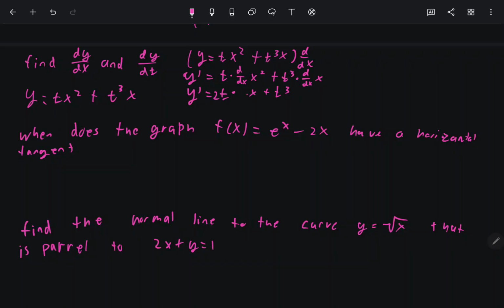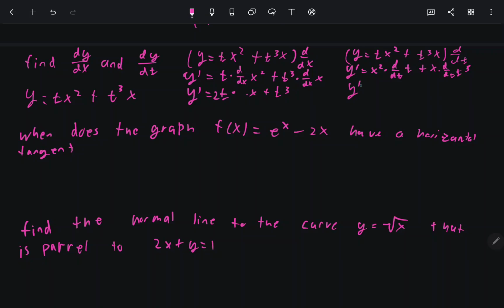Now we're differentiating with respect to t. Y is equal to t x squared plus t cubed x. Take the derivative with respect to t. Alright, well, now our x squareds are constant. So y prime is equal to x squared times the derivative of t with respect to t plus x times the derivative with respect to t of t cubed.